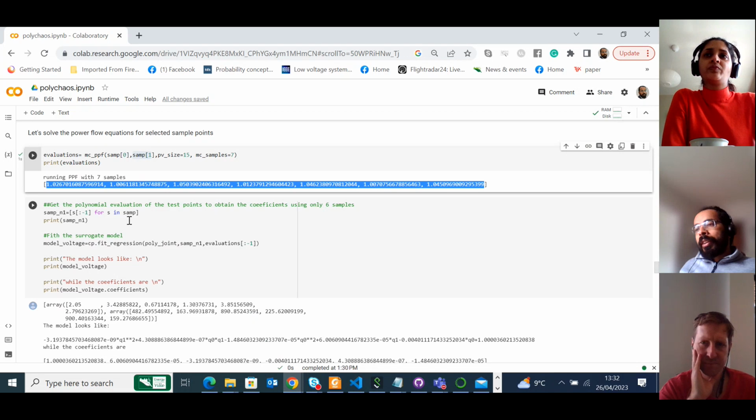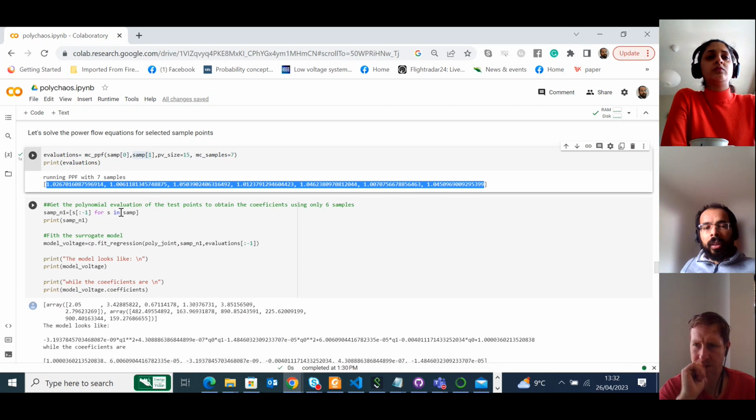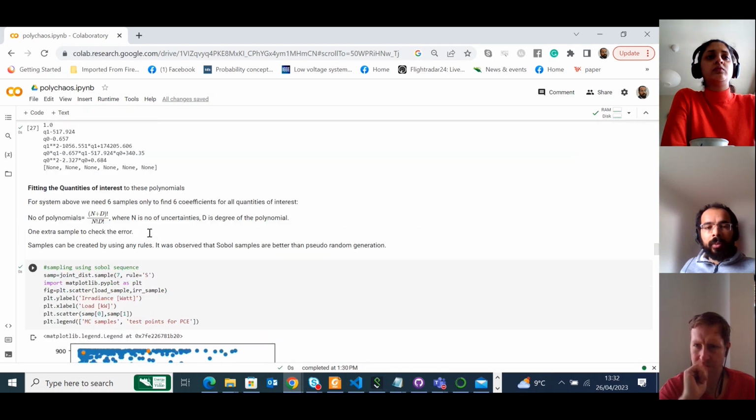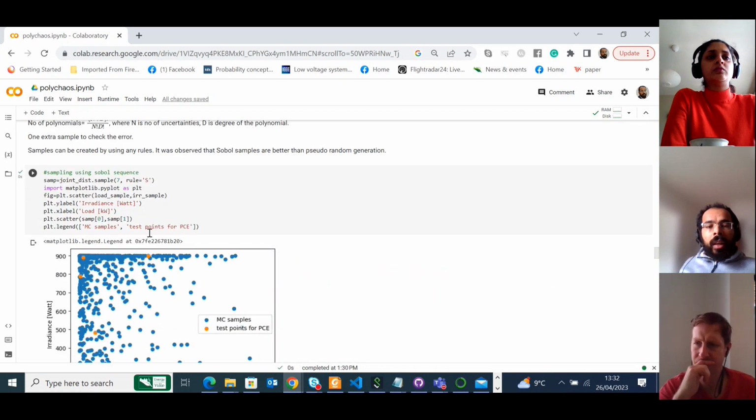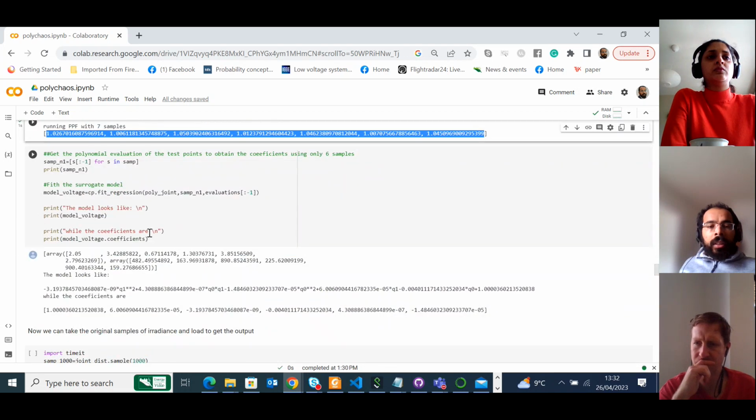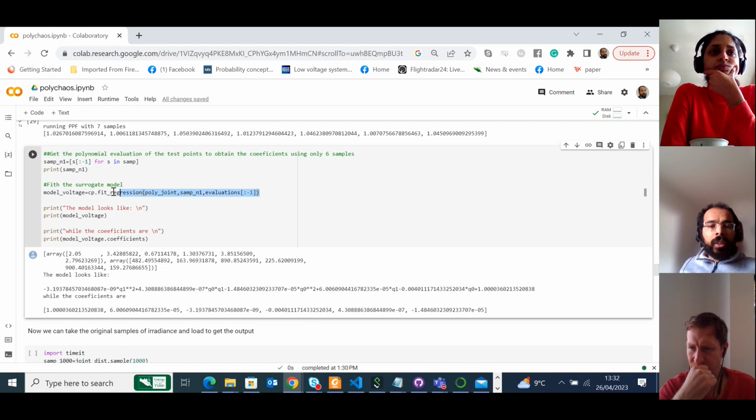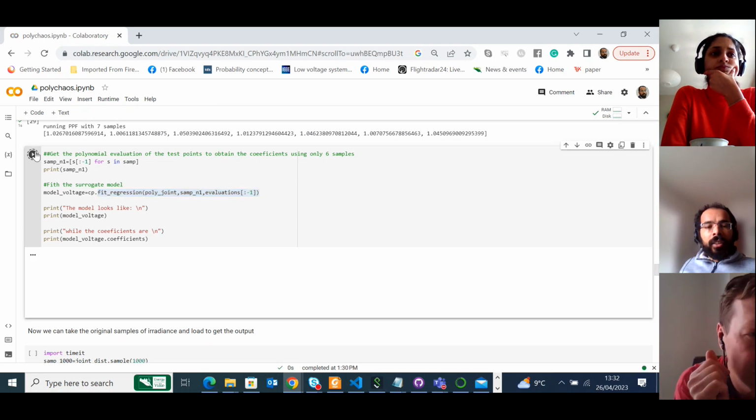So you have C1 phi 1, C2 phi 2, C3 phi 3, and you can write that 6 times because of the 6 by 6 matrix of the input evaluation in the polynomial. With that, we solve this. This fit regression is basically solving those 6 linear equations and finding the coefficients.